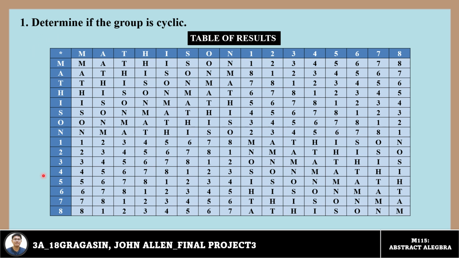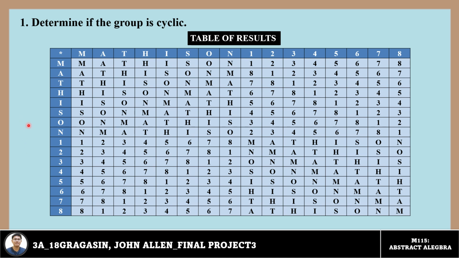So as you can see here, this is our table of results from our group structure. The first thing that we need to do here is to determine if this group table we have created is cyclic.